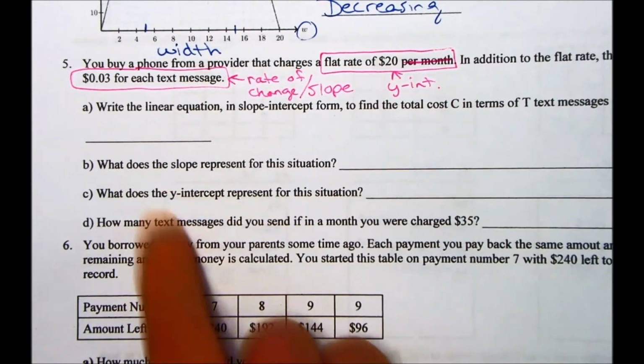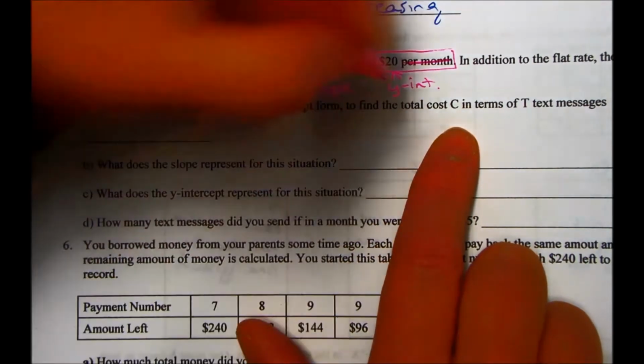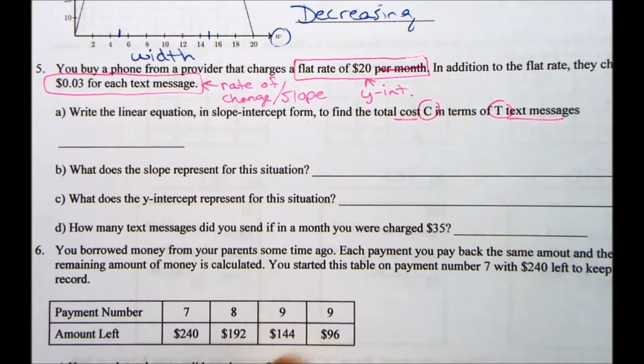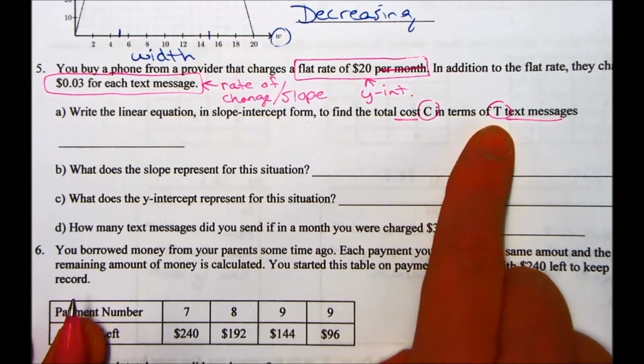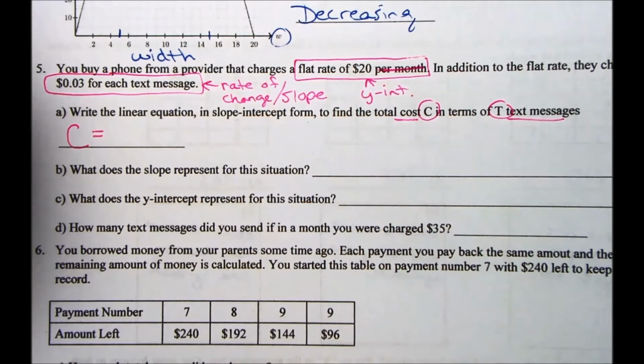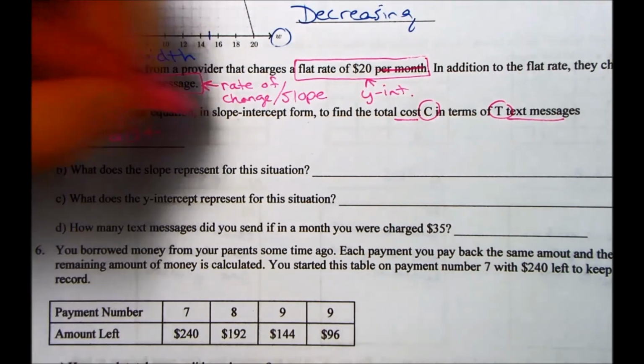So in order to write a linear equation in slope-intercept form, now they're telling you to use C for the cost and T for the number of text messages. So instead of X and Y, you have to use C and T. So C, our cost, is going to equal the $20 plus the 3 cents.